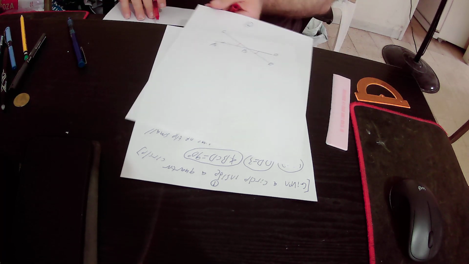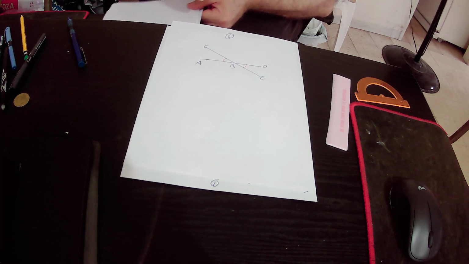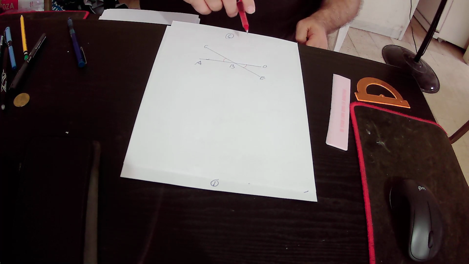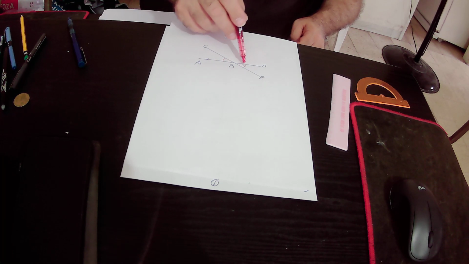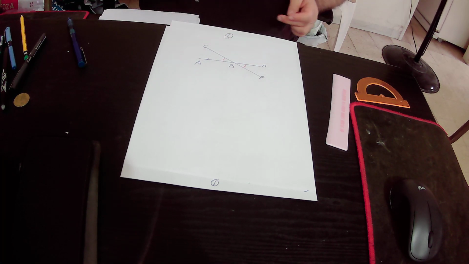So actually the two angles that I marked in red are two vertical angles. Angle ABC, this angle, and angle EBO, this angle, are two vertical angles.